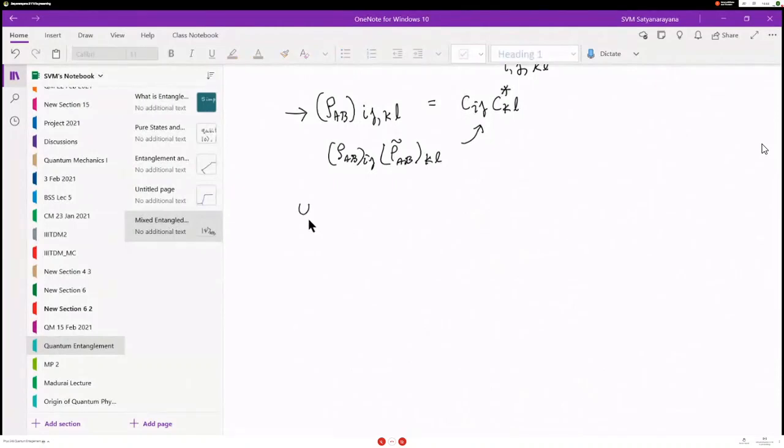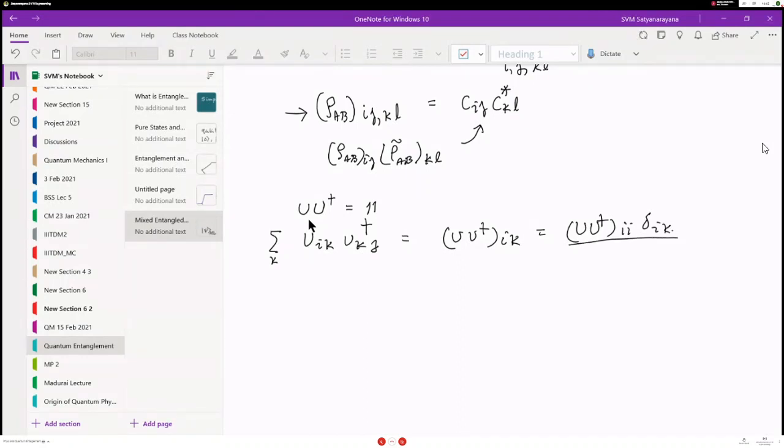You know that U U dagger is identity, and hence the sum over K of U_IK U_KJ dagger will be equal to U U dagger of IK. Since that is identity, this can be written as U U dagger of II into delta IJ.